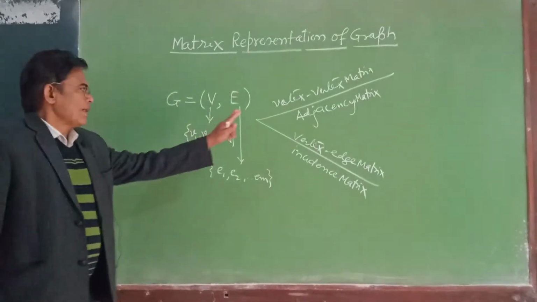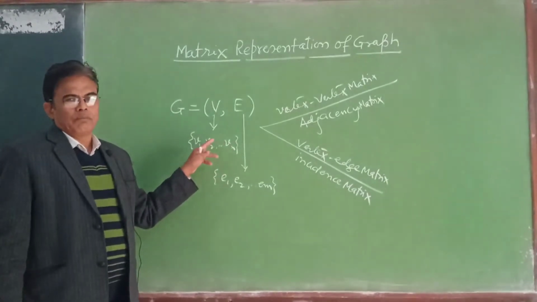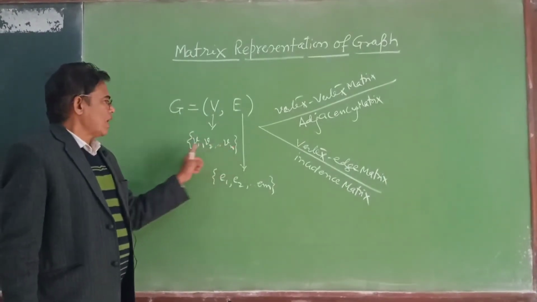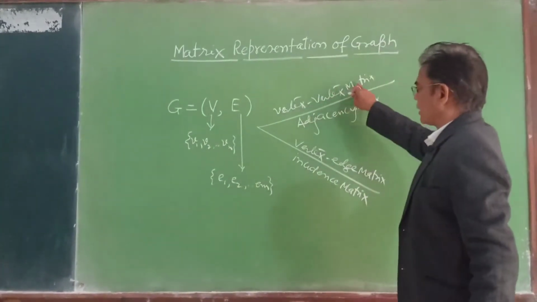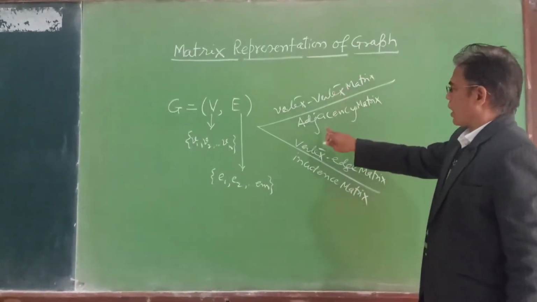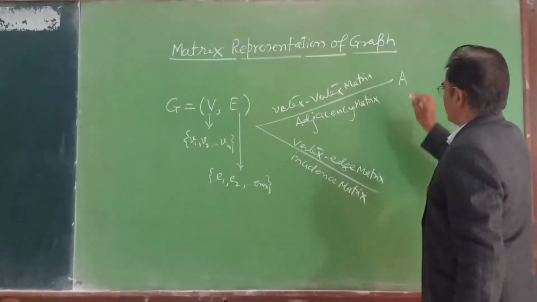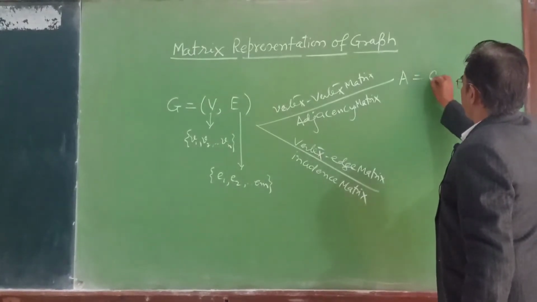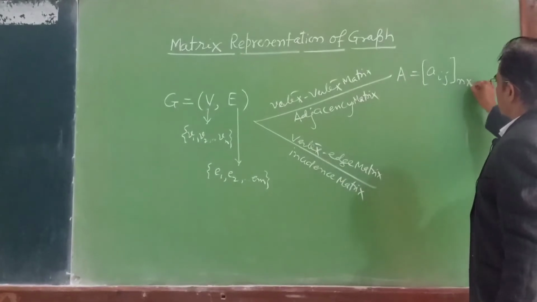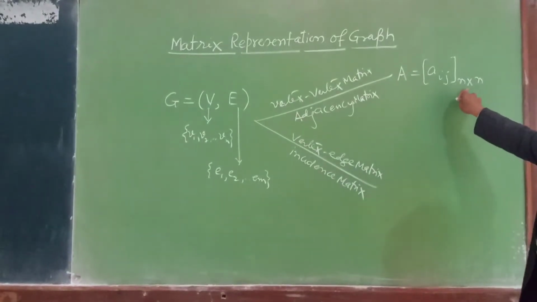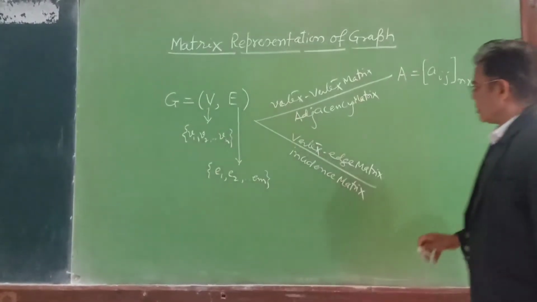One is the vertex matrix, which is a square matrix because the number of vertices is n. This matrix is also called the adjacency matrix, A equals Aij, and this is a square matrix of order n. Clear? Because the number of vertices is n.